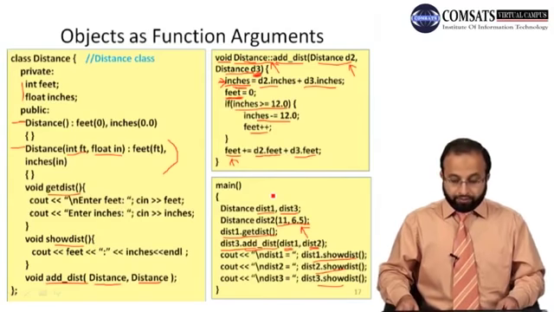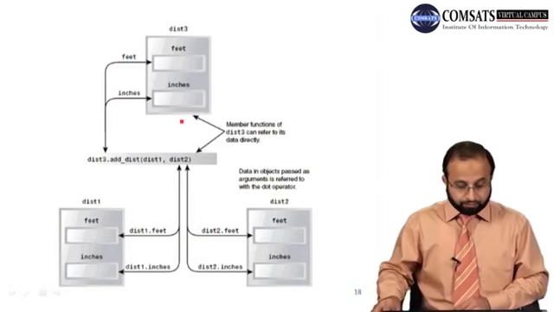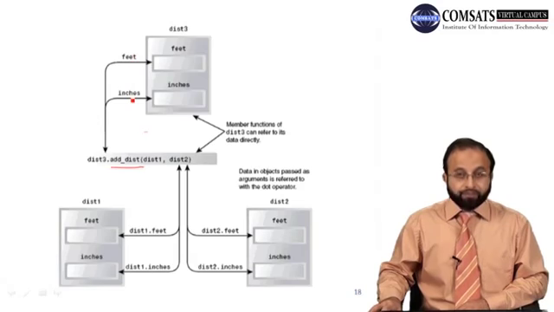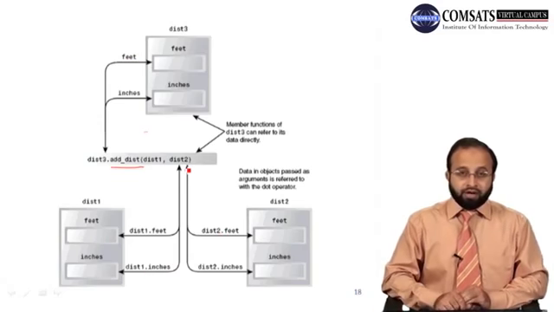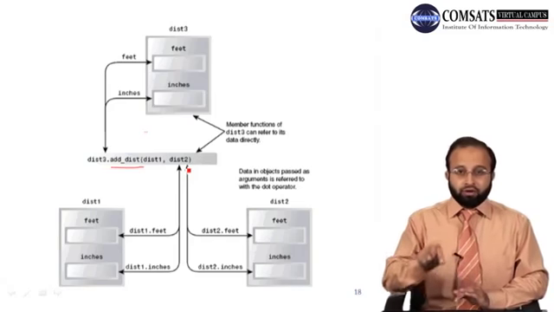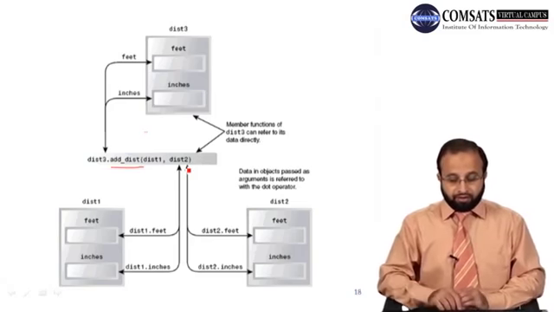Okay, let's see the figure. So this is addDest function. Now in addDest function, the feet and inches of dest3 are directly accessible by feet and inches, but feet and inches of dest1 and dest2 are not directly accessible. For that we have to use the object dot feet. So d2 dot feet and d3 dot feet, right?